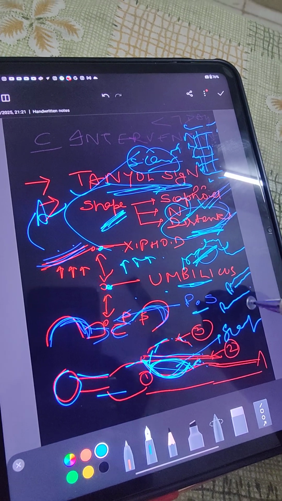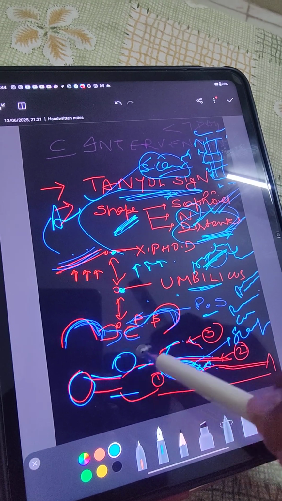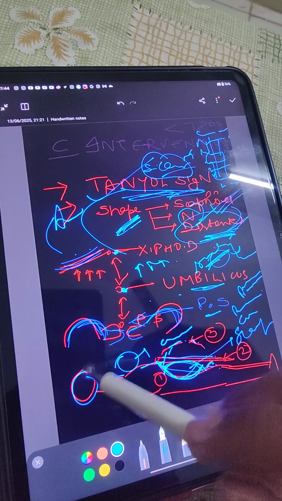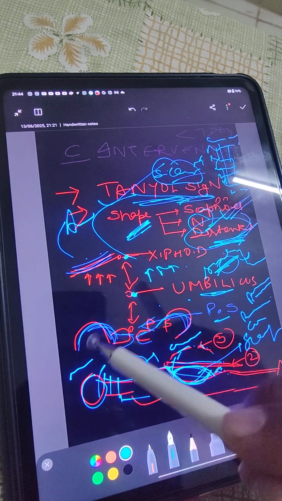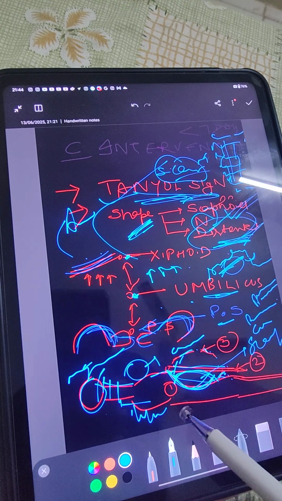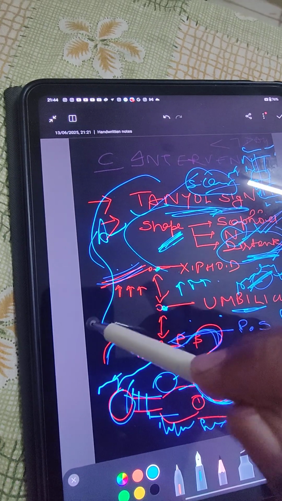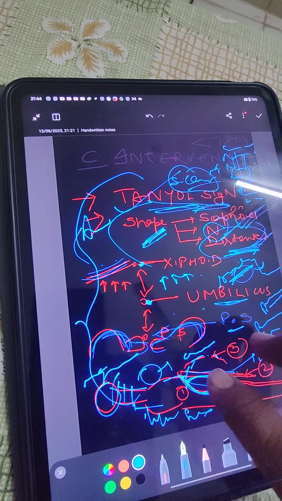In hemorrhagic pancreatitis, what will we find? Bluish discoloration around the umbilicus is Cullen sign. Around the lumbar region is Grey Turner sign. If it is around the inguinal region, that is Fox sign. All this we find in inspection.